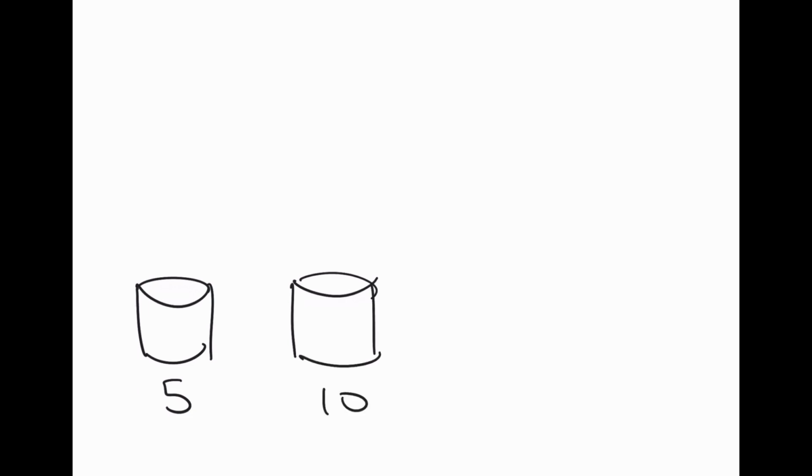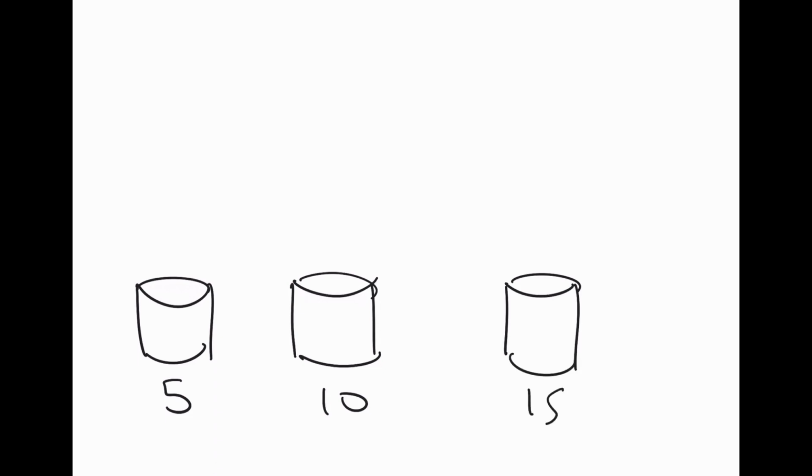So let's create another bucket, and we'll give it a value of 5, and we'll talk about what this means in a second here. Another bucket with a value of 10, and another bucket with a value of 15.